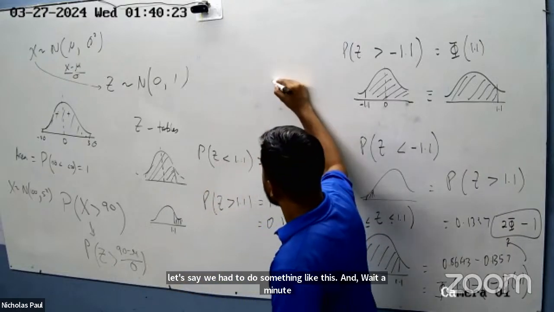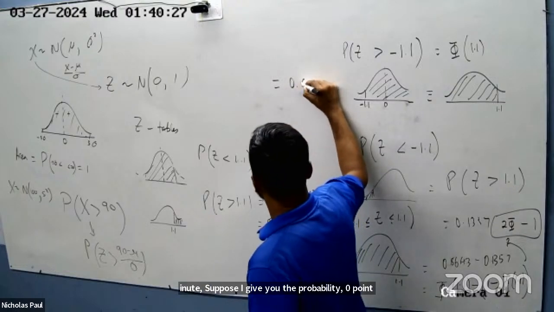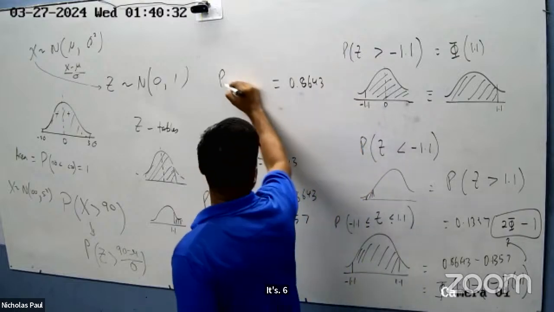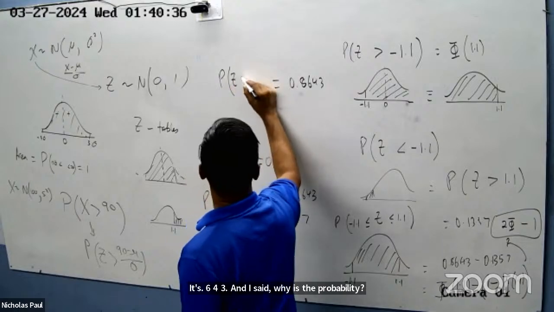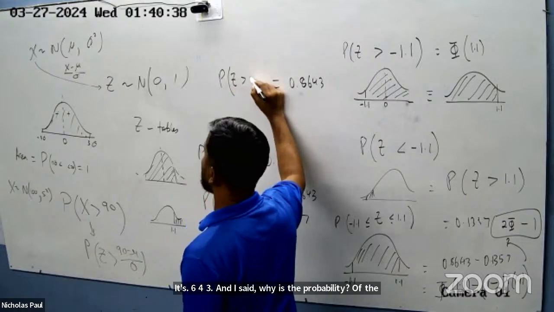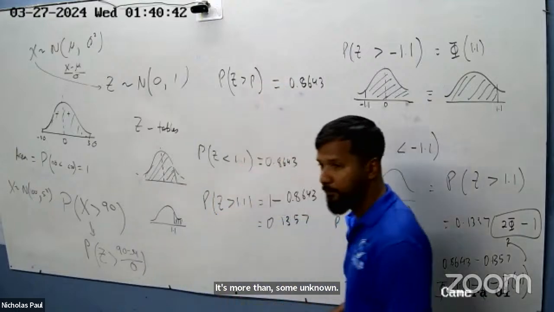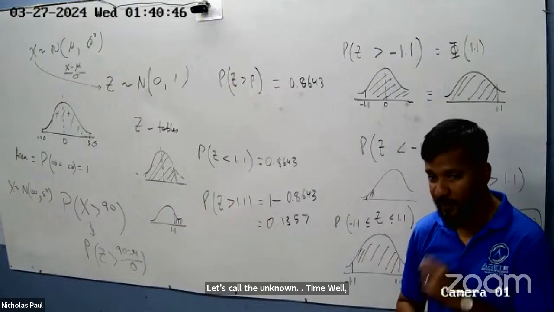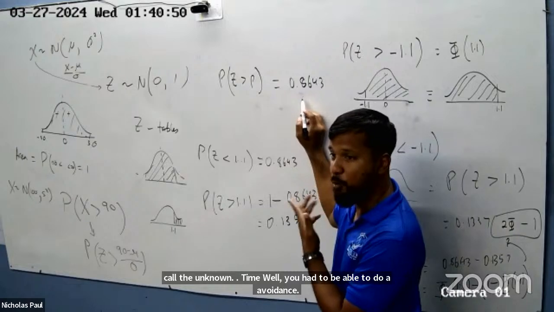Suppose I gave you the probability 0.8643, and I said, what is the probability of Z is more than some unknown? Let's call the unknown P. Find P. What you have to be able to do is go in reverse.